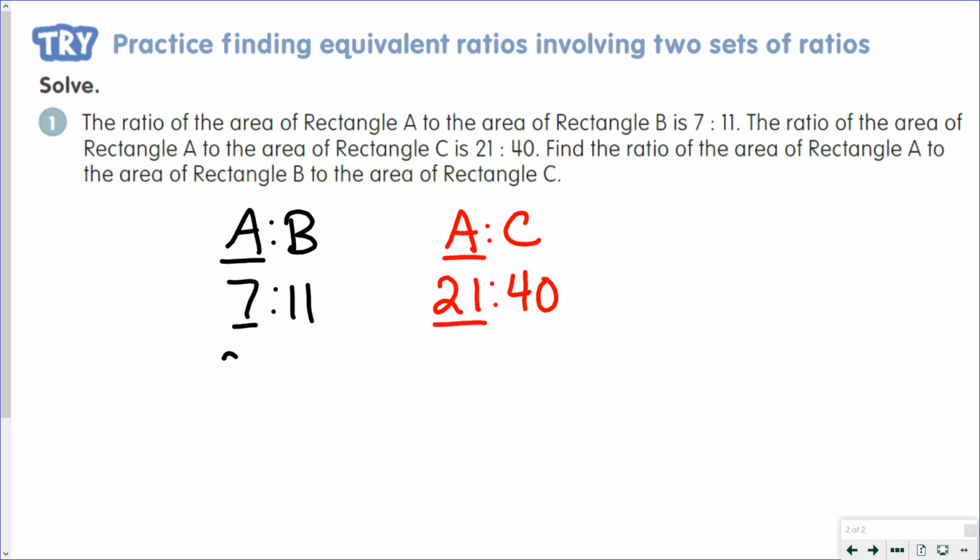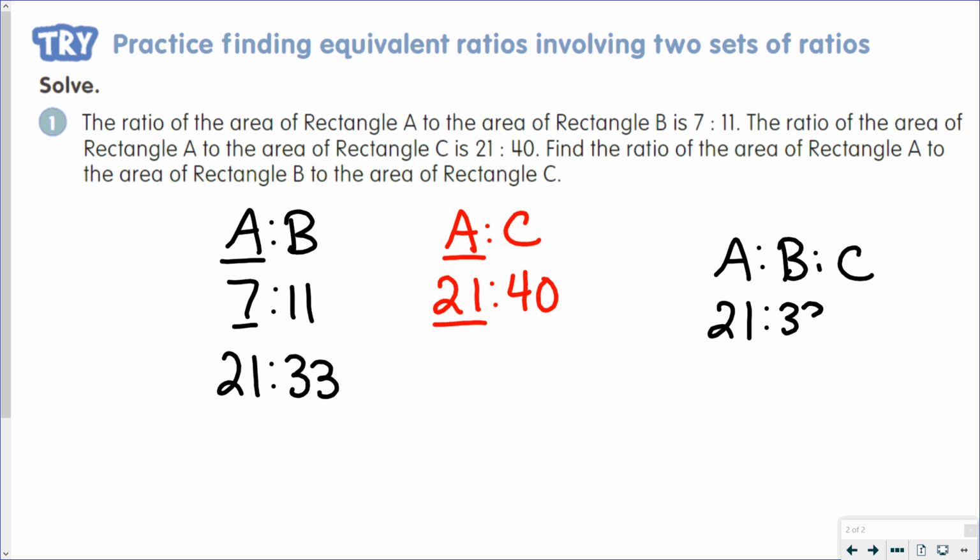So we would take 7 times 3 to get 21, which means we take 11 times 3 to get 33. So our ratio of A to B to C is 21 to 33 to 40.